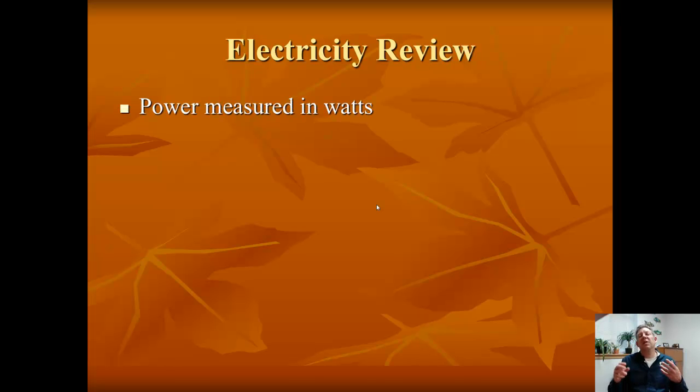Now, since voltage and current are both important here, we actually want to combine them. And it's the combination of those that influences the efficiency of your electrofisher. And the combination of those is called power. Power is measured in watts. Power is volts times amps, or volts times current. Okay?